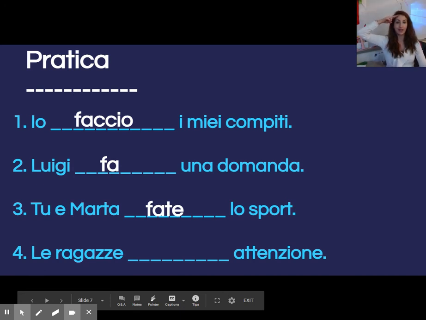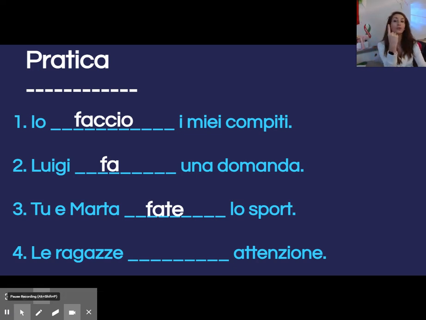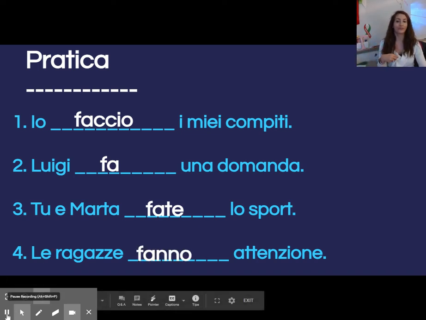Pay attention. Le ragazze, the girls. Now this word here is plurale, it's plural. So it's not just una ragazza, one girl, it is a group of girls. Think about it in inglese. The girls pay attention. They, so it is loro fanno.